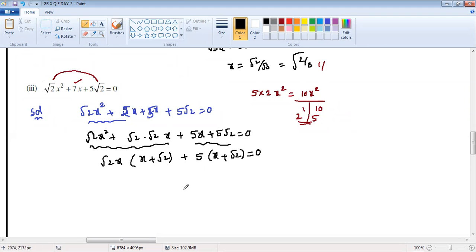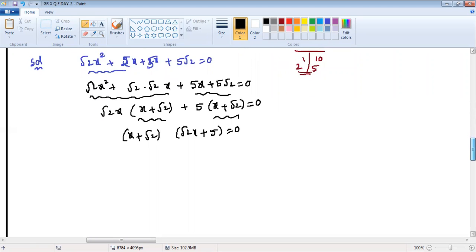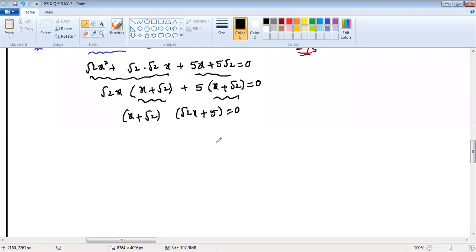Are you clear? Then in both, x plus root 2 is common. So please take out x plus root 2. When you take it out, it becomes root 2 x plus 5, which is equal to 0. Already I told you, if the product of any two numbers is equal to 0, any one of them can be 0.